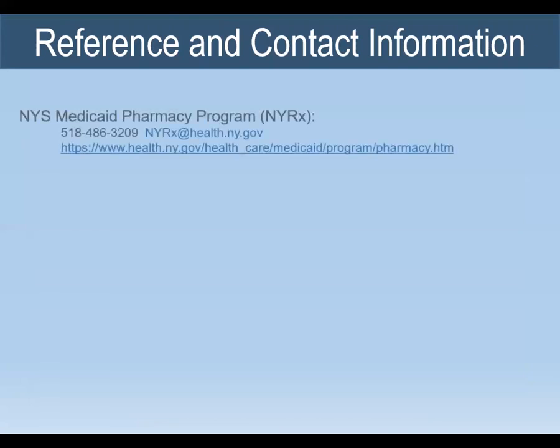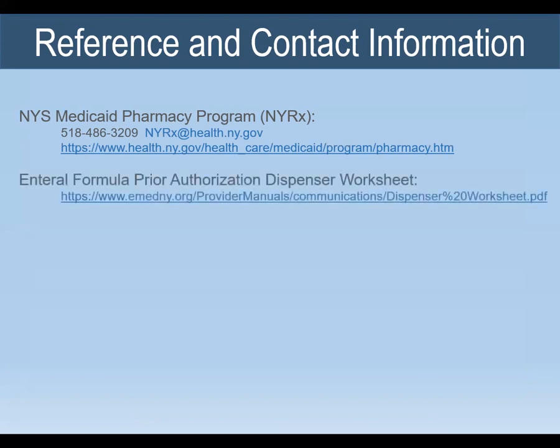Reference and contact information. New York State Medicaid Pharmacy Program, NYRx. Their phone number is 518-486-3209, and their email address is nyrx@health.ny.gov. Their link is below. Enteral Formula Prior Authorization Dispenser Worksheet. The link to the worksheet is listed below.